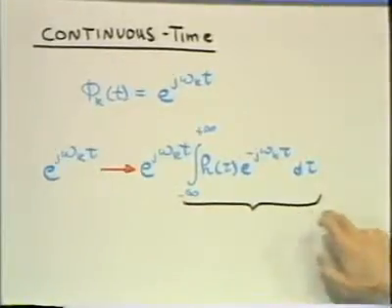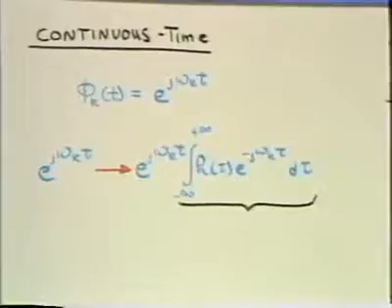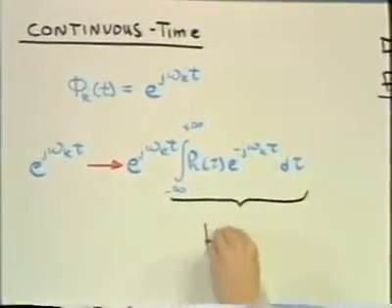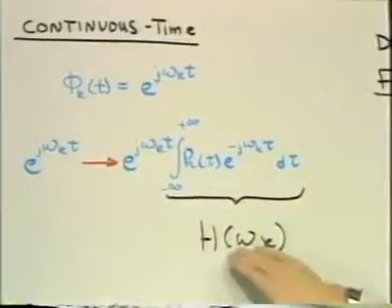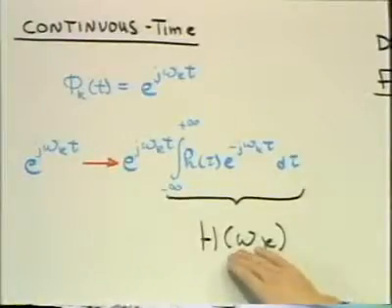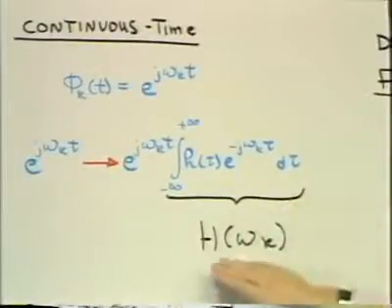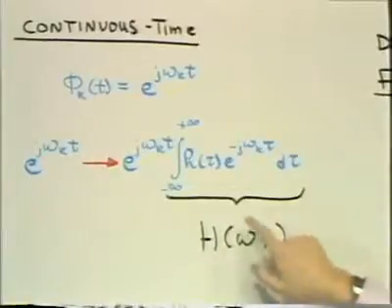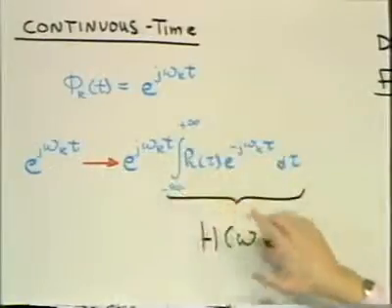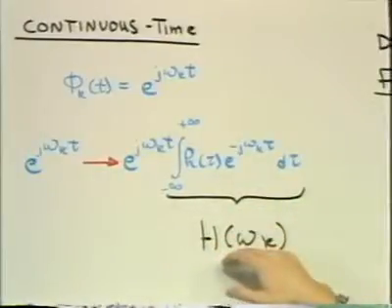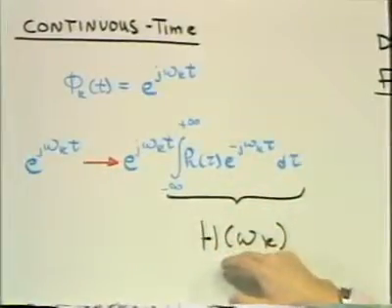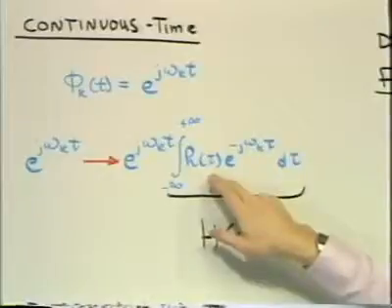And that change in complex amplitude is what we refer to as the frequency response of the system. And also, by the way, as it developed later, that frequency response, as you should now recognize from this expression, is in fact the continuous time Fourier transform of the system impulse response.